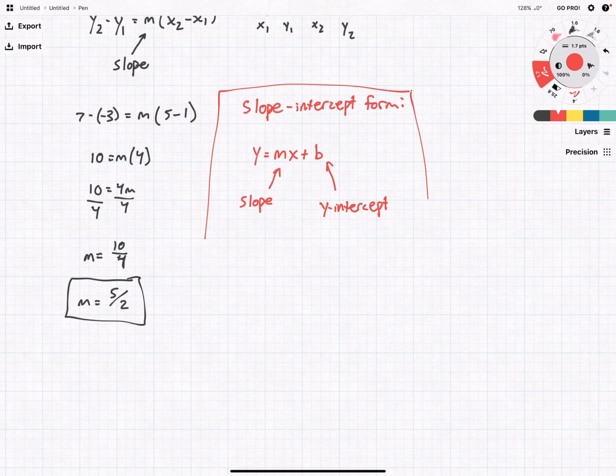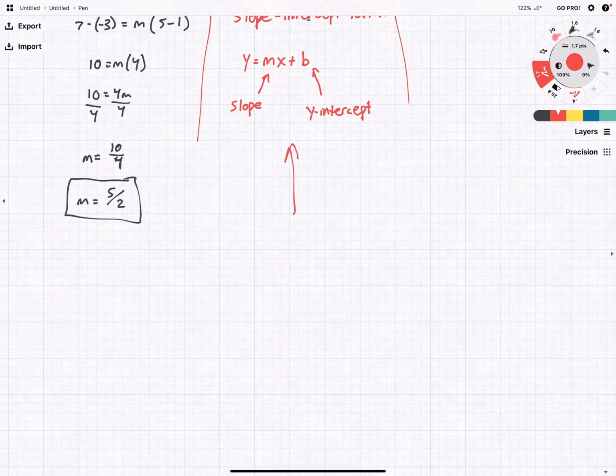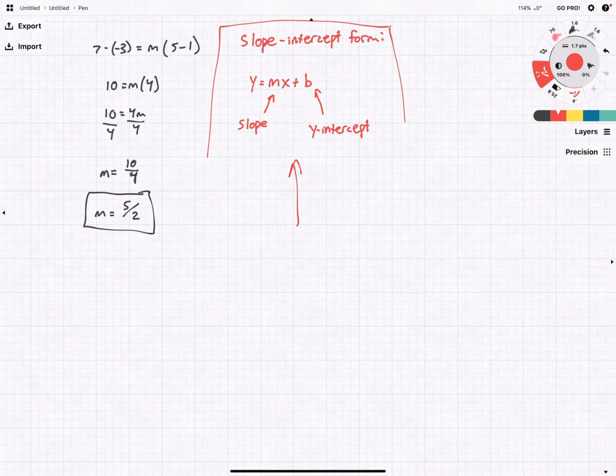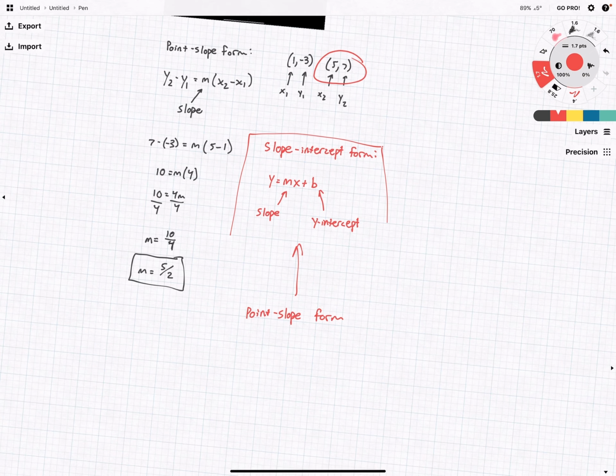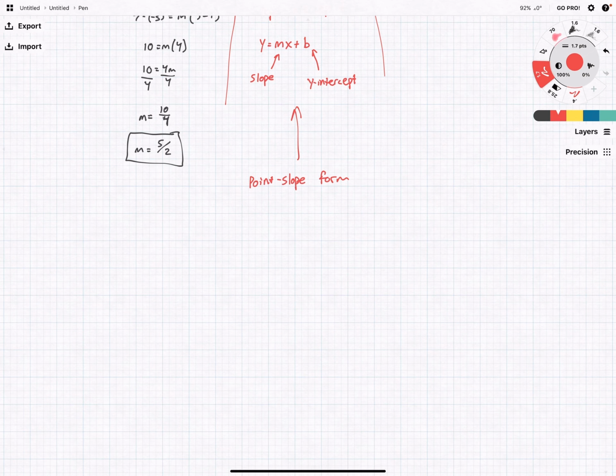So let's go ahead and, we want to achieve that general form. So that's our end goal, y equals mx plus b. Let's go back to point-slope form for a second. And let's input (5, 7).